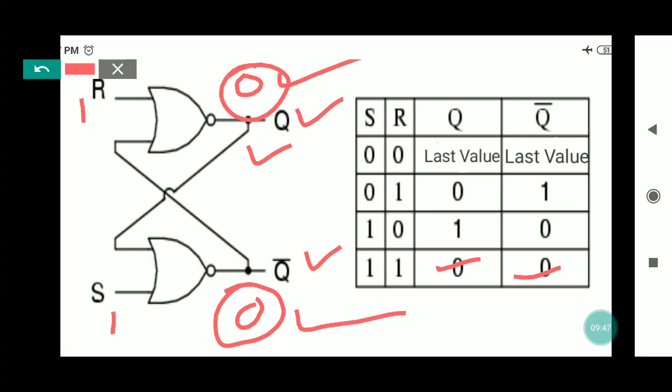This is also known as an invalid condition, friends, because it is not possible that Q is equal to Q bar. So this is not a valid condition. Here you can also write invalid, and you can also write forbidden.